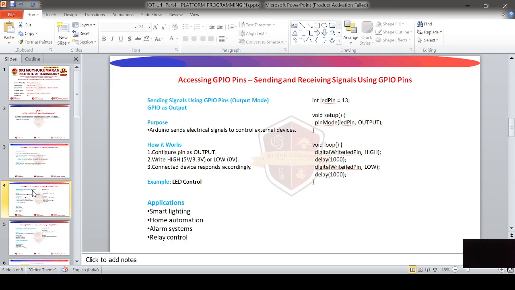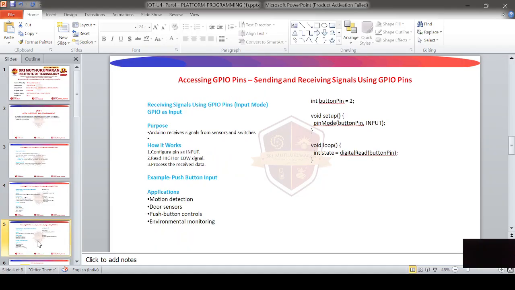Now that we have seen what GPIO is, what input and output are, and why they are important, we are going to see GPIO signals in output mode and input mode. First, the input mode. GPIO as input: the purpose is that Arduino receives signals from sensors and switches.